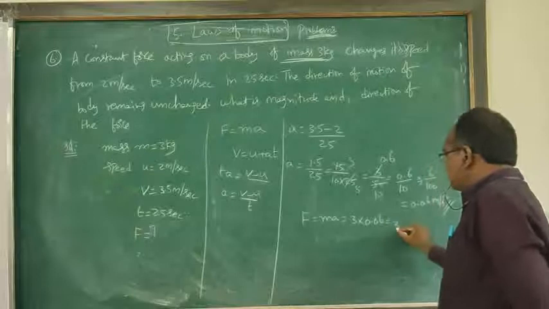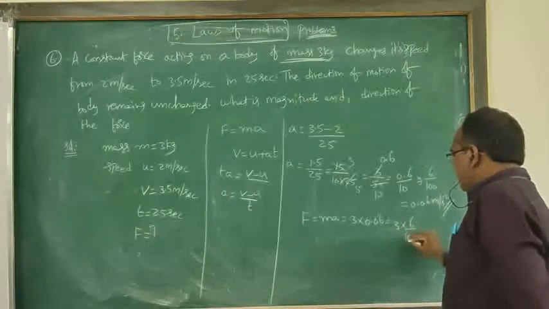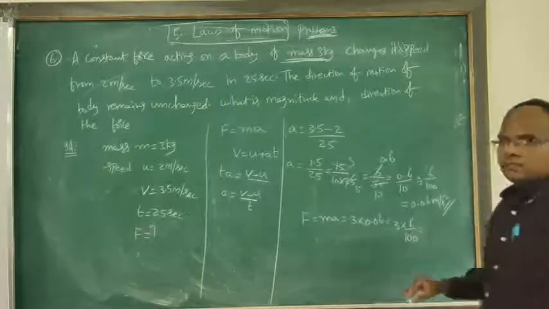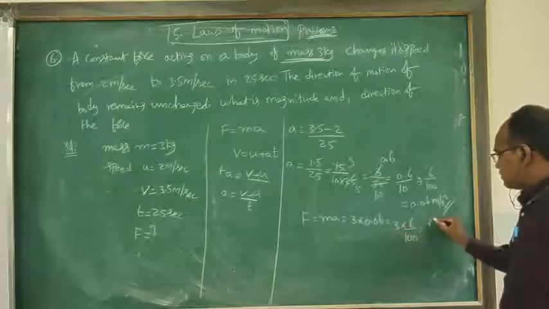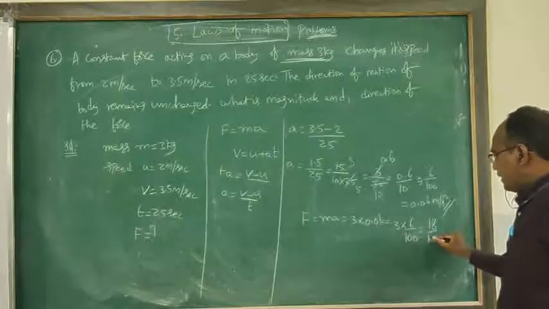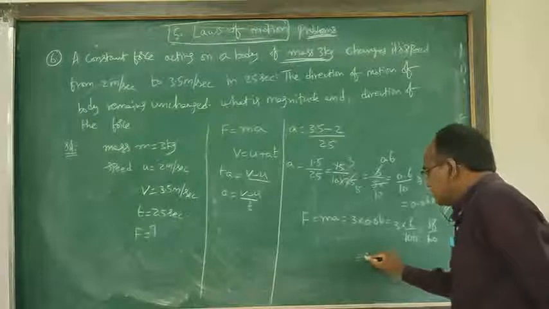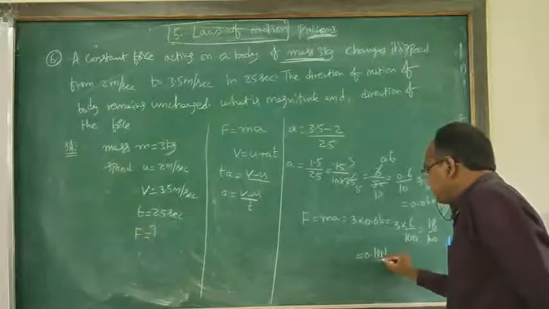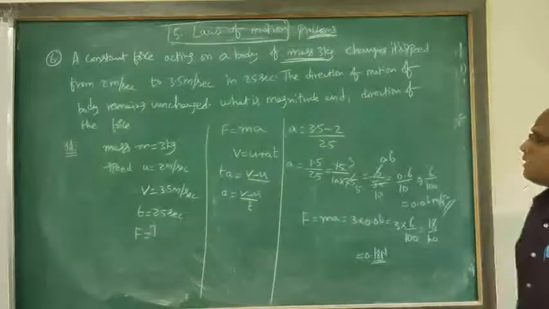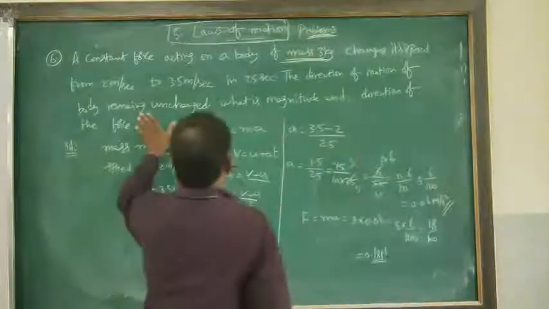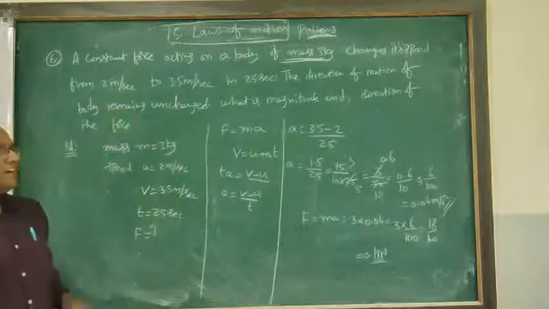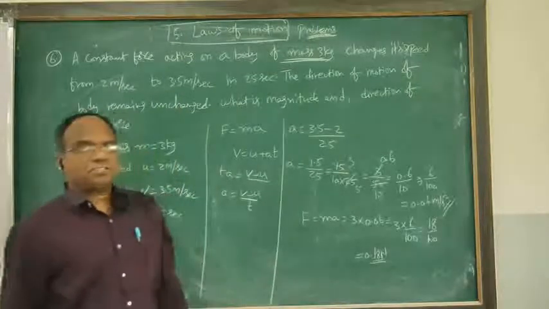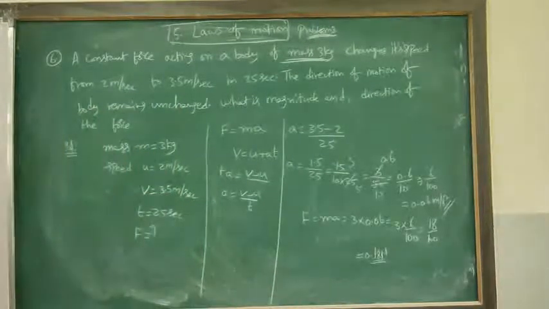This can be written as 3 into 6 divided by 100. 3 into 6 is 18, divided by 100, that is 0.18 Newton. The direction of motion is unchanged, meaning it is moving in the same direction.